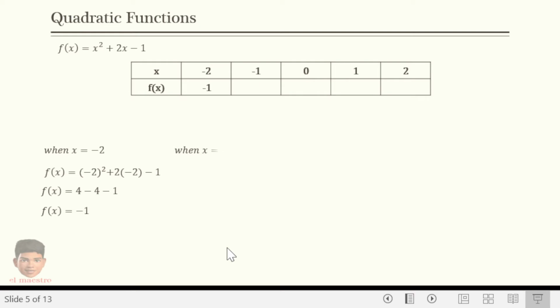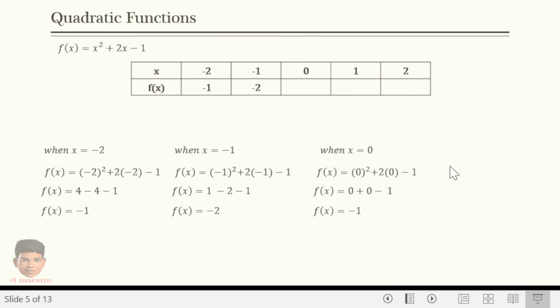Okay? So, when x is negative 2, our f of x is negative 1. Okay, when x is negative 1, substitute mo lang yan, then use your calculator. So negative 1 minus 2 minus 1, that is equal to negative 2. Then when x is equal to 0, yung magiging result natin, negative 1.